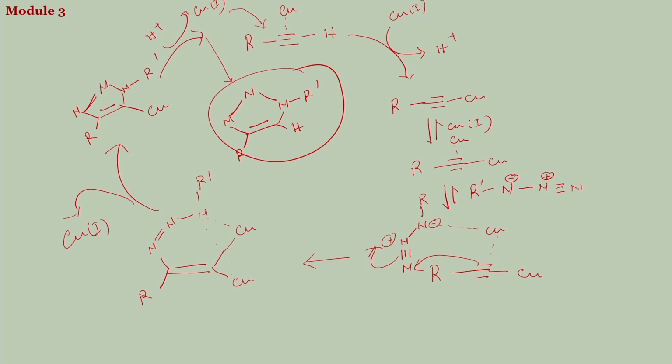So, the cycle can continue. That is why copper 1 acts as the catalyst. So, this is the proposed mechanism of the reaction, the Sharpless reaction.